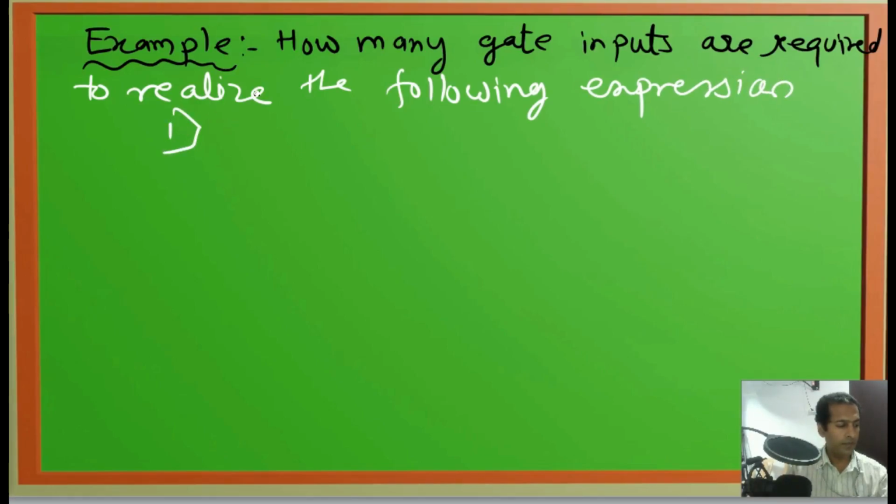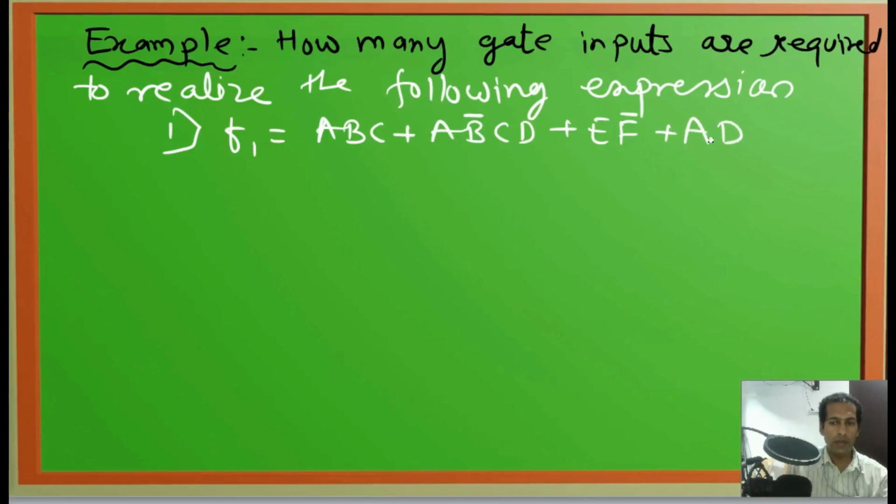Number one is F1, given as ABC plus AB bar CD plus EF bar plus AD. First let us solve this one, then we will see the second one also.